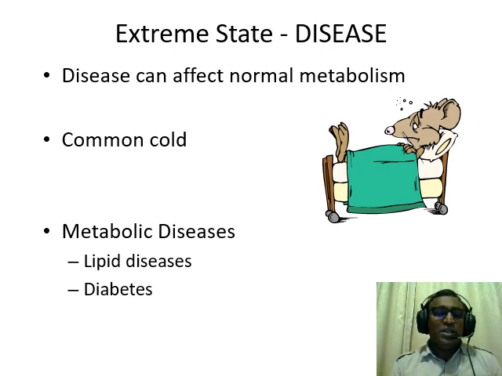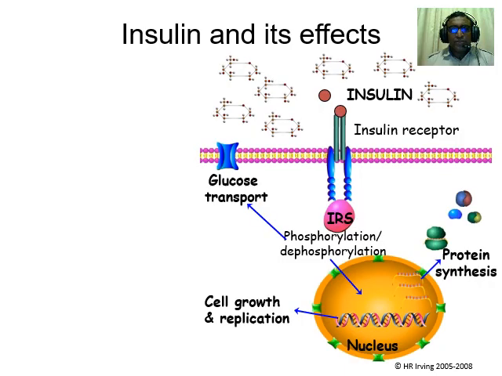So that's lipid diseases. But we are selecting diabetes to look into in detail here so that you understand when Bob is in this extreme state of disease. Before we look into the condition of diabetes, it's best to look into the function of this very important hormone, that is insulin.